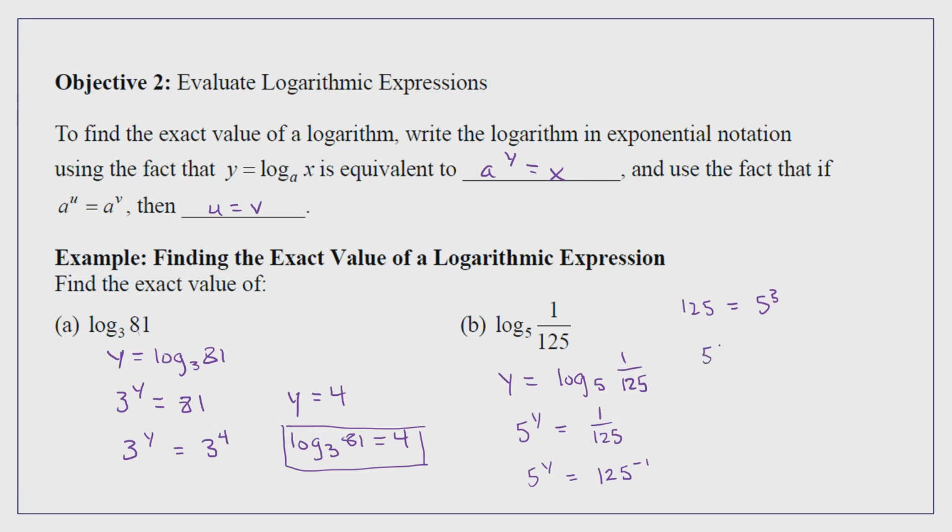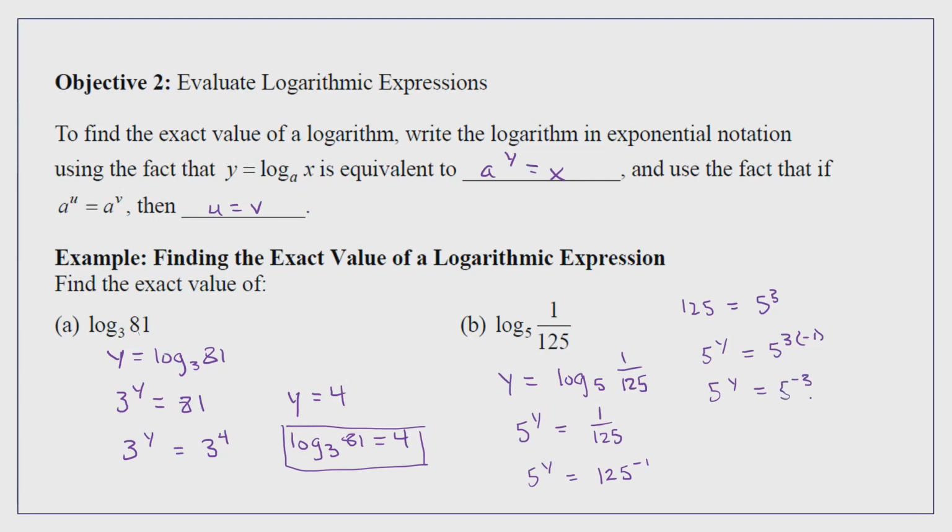So 5^y equals 5 to the third power, where our power 3 is going to be multiplied by negative 1, because all I did was rewrite the 125. Okay, so when I simplify this, I get 5^y equals 5 to the negative 3.